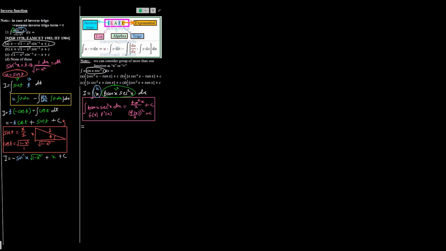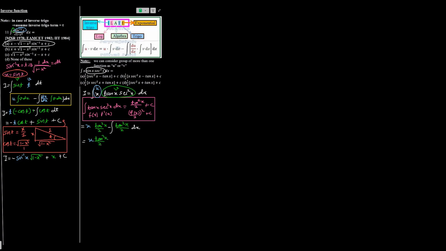In first term, u as it is, integration of tan x sec square x, so that will be tan square x by 2, minus integration of differentiation of x, that will be 1, and integration of this term, so that will be tan square x by 2, dot dx. So first term will be as it is.